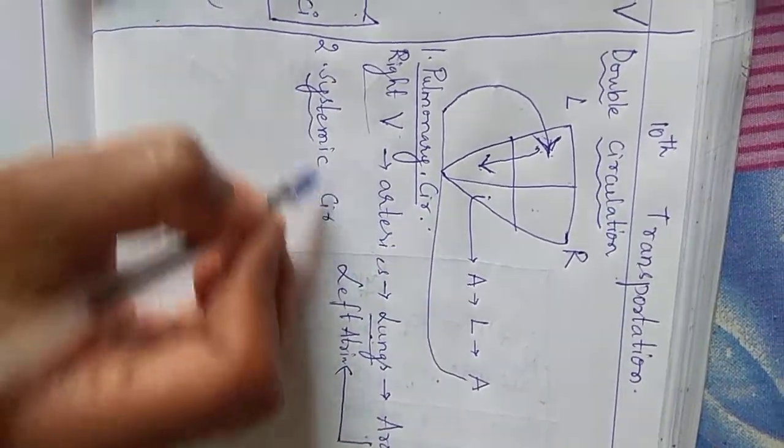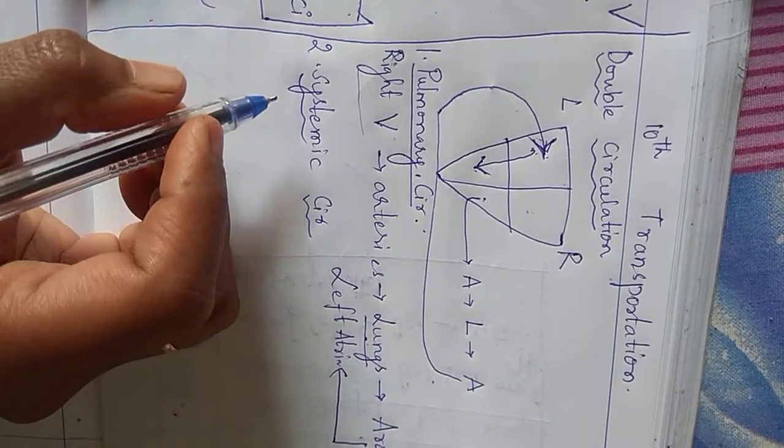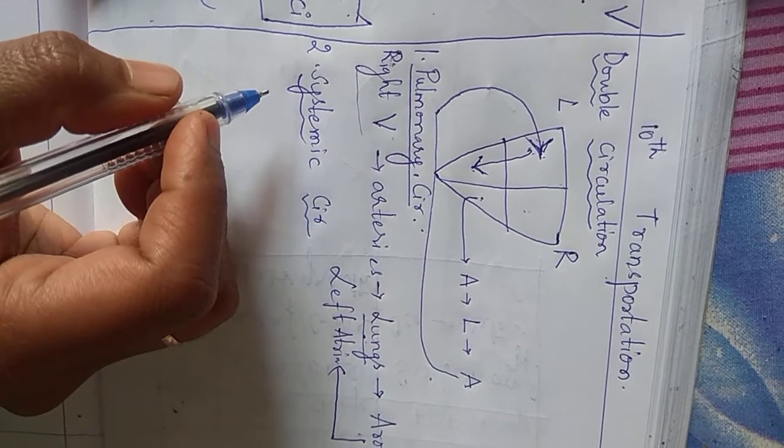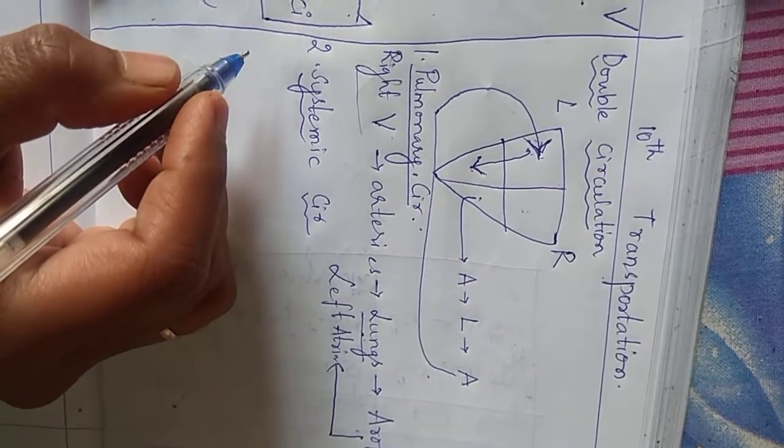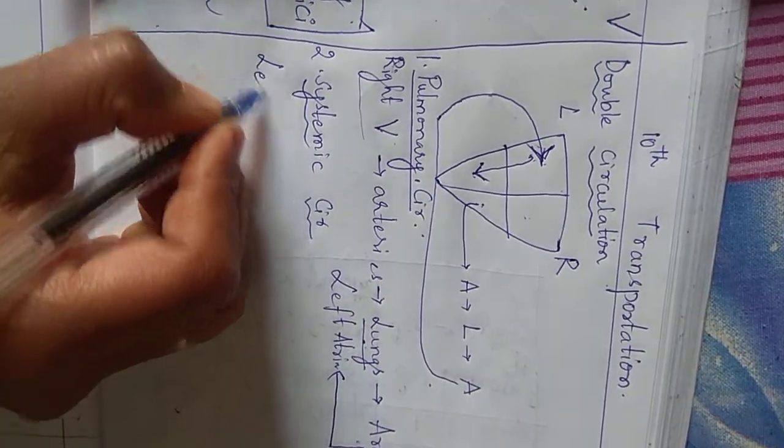So now systemic circulation will start. Systemic circulation will start from the left ventricle.